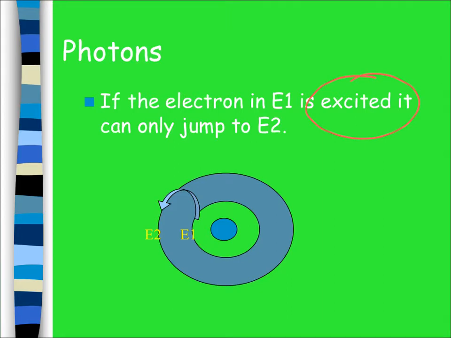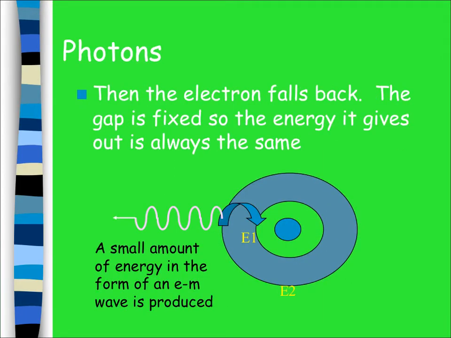The electron gets excited and it jumps to a higher energy level. Now, it doesn't stay at that energy level. It comes back from that energy level to the ground level. And when it does that, it has to lose the energy it had in the higher energy level. It has to lose it. And to do that, it gives out a photon, a small piece of electromagnetic radiation, an electromagnetic wave.